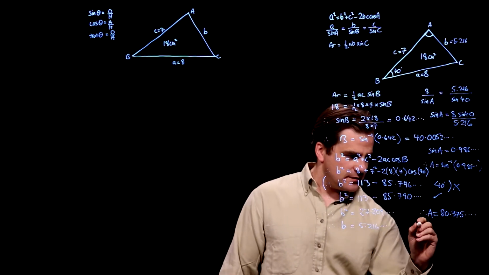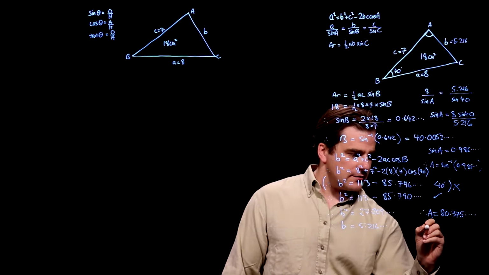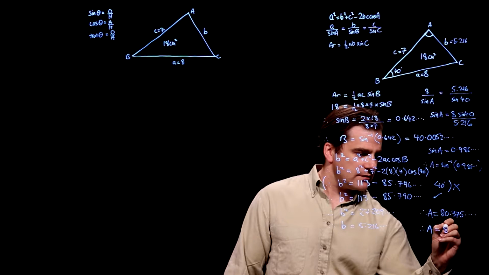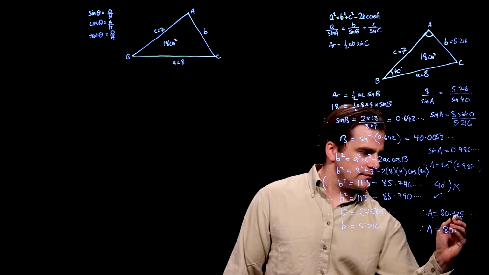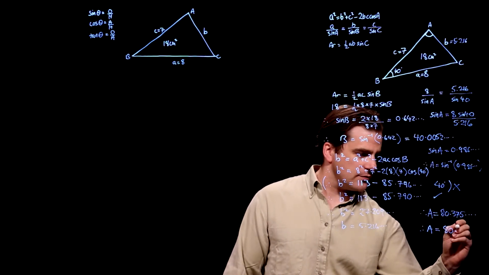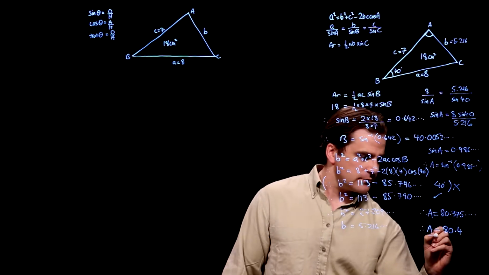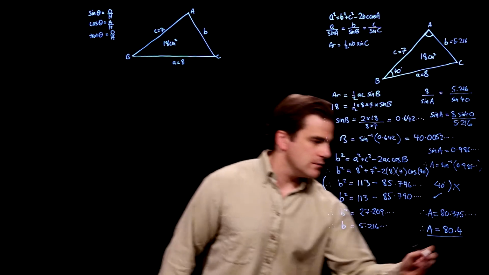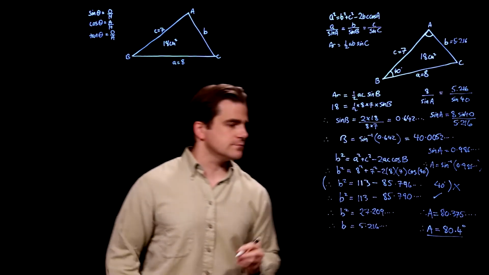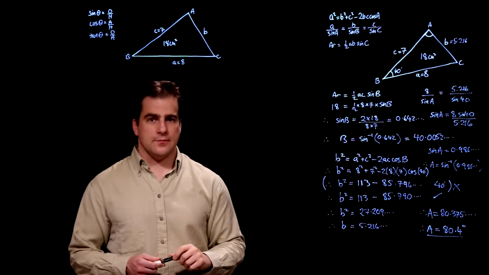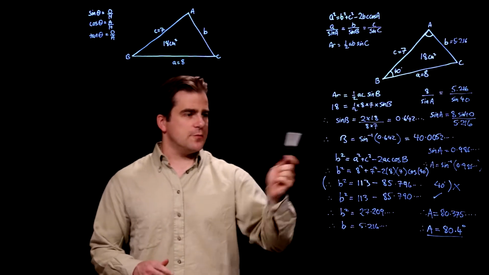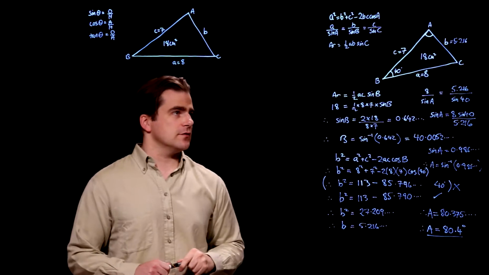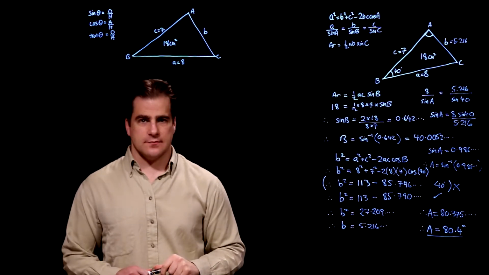Can't remember which. So the final answer is 80.4, which pushes a 3 up to a 4, degrees. And that's it. A very respectable way of doing it, using the non-right-angled triangle equations.